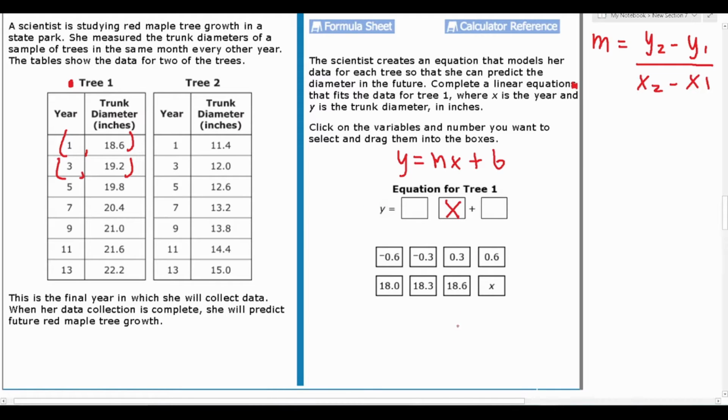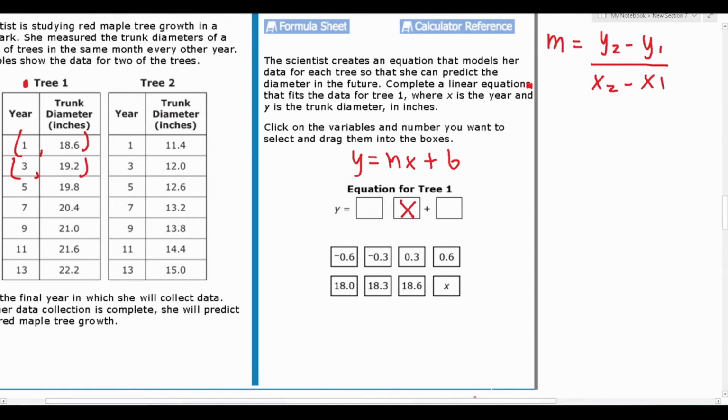And let's go ahead and write those over here to make it a little bit easier to see. The first ordered pair I'm going to write is going to be 1, 18.6. And the next ordered pair I'm going to write is 3, 19.2. And we can label them accordingly. Let's let this one be x1, y1, x2, y2.